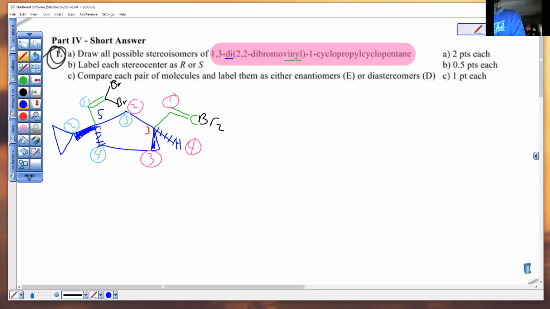I won't even grade the fact that you drew something that's somewhat impossible here. If you've got this bond underneath the page, this carbon beneath the page, and this carbon in front of the page, they really can't reach each other. But I'm not going to even grade that. No, you're fine. Leave this. I love it.